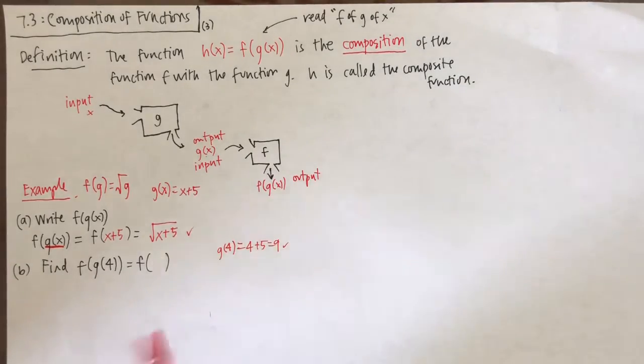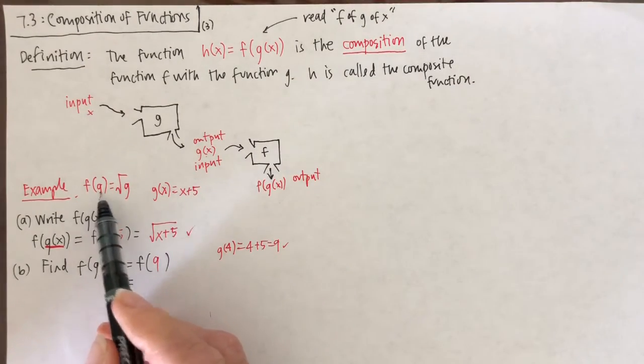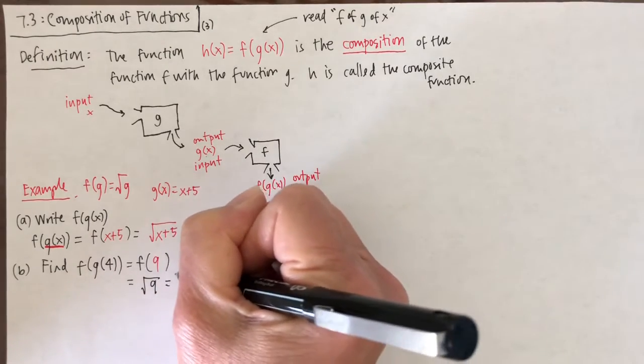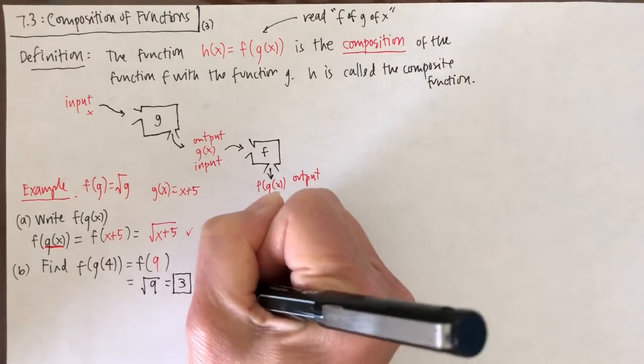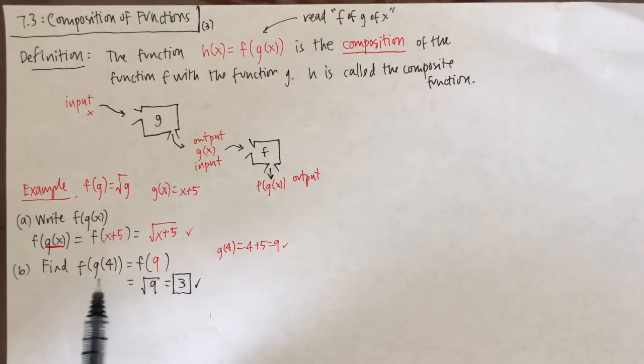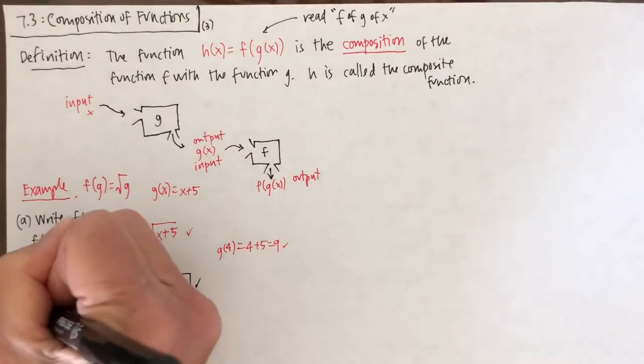Okay, so g of 4 is 9, and f of 9 is take the input and take the square root of that. So the square root of 9 is 3. So f of g of 4 ultimately equals 3. You put the 4 in, it's just gone through g, it comes out as a 9, and you put that into the function f, and then it comes out as a 3.